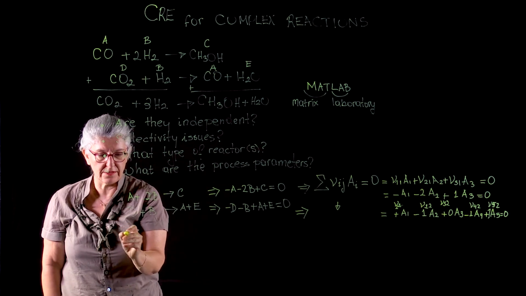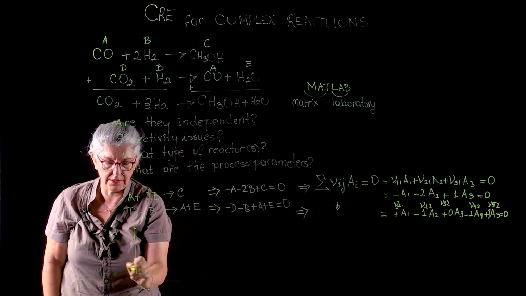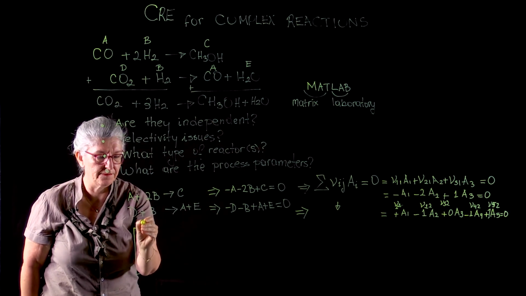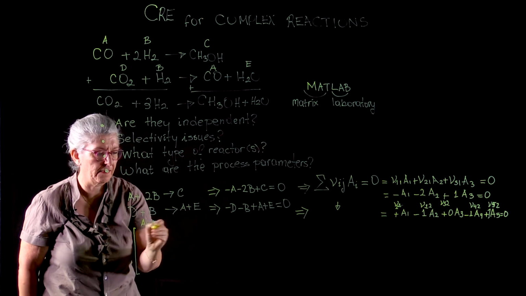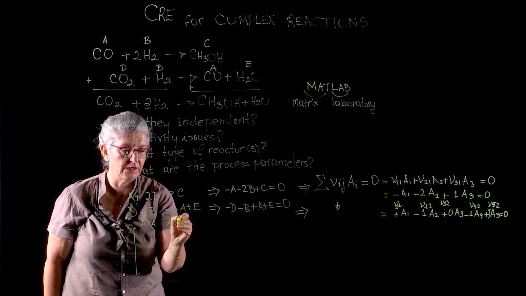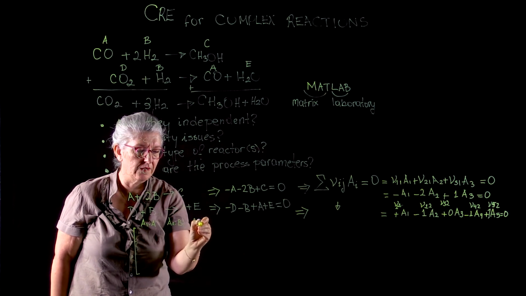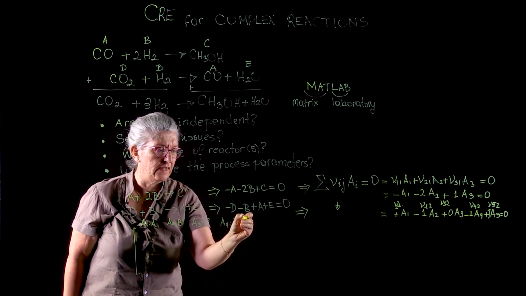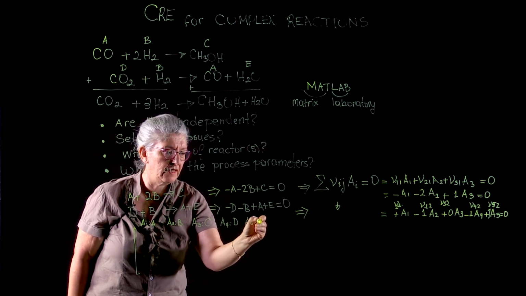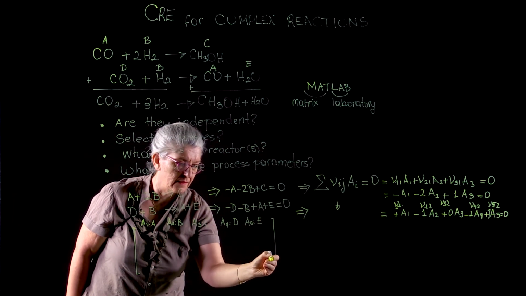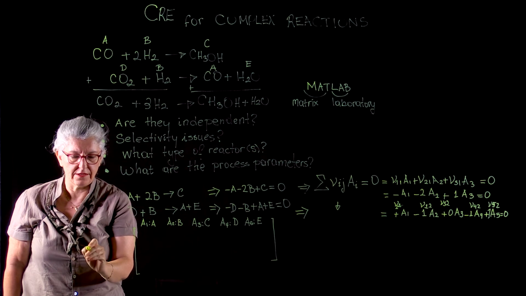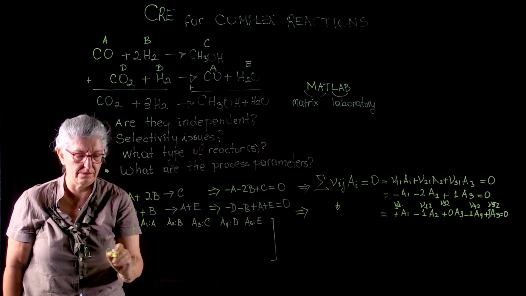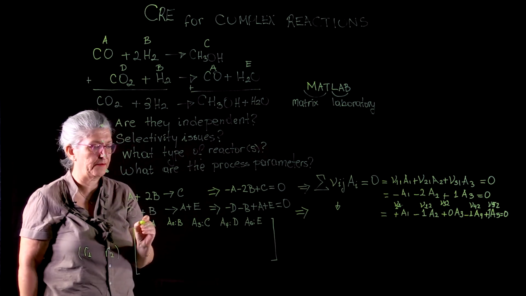So our reaction matrix is going to be nu ij, A1, which is A, A2, which is B, A3, which is C, A4, which is D, A5, which is E. So we have reaction 1 and reaction 2 here. And you will understand why I wrote it in this fashion.